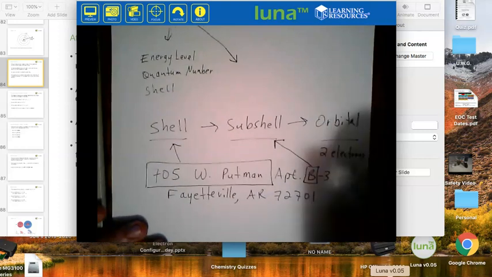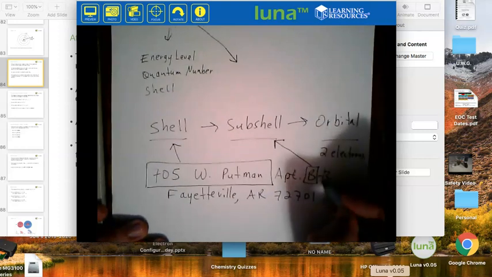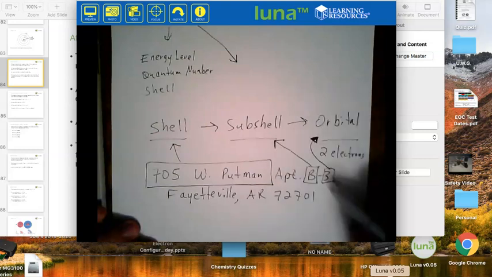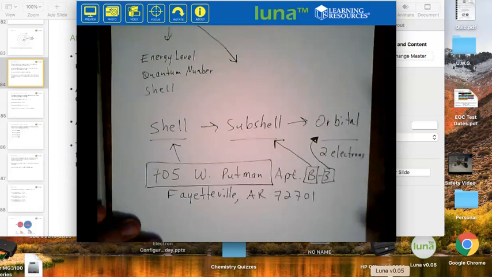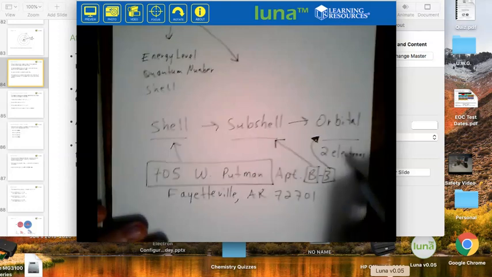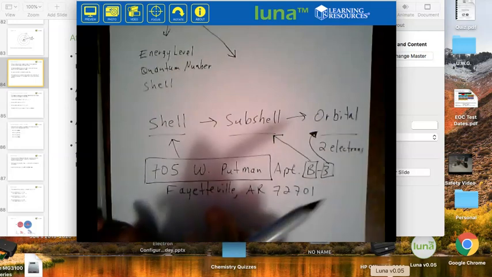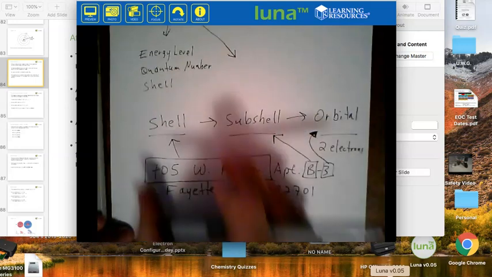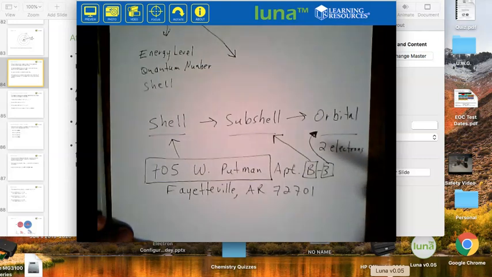Okay, so the orbital you can equate to the actual apartment number. There's only one person living in there, so one electron. At one point I did have a roommate, so 2 electrons, 2 people. But this tells you how this plays out in terms of number of electrons in a shell versus a subshell versus an orbital.